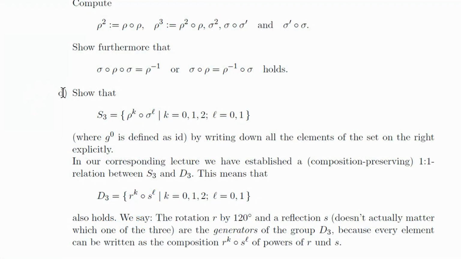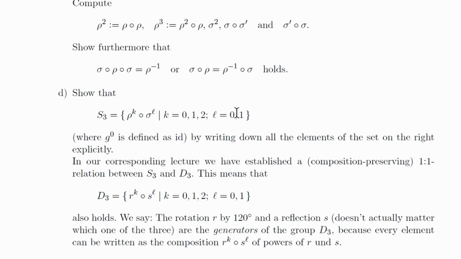Now for the last part of this exercise number 2, you are to show that S3 can be written as this set here. The powers of rho composed with the powers of sigma, where the exponent here of rho runs from 0 to 2, and the exponent of sigma can be either 0 or 1.